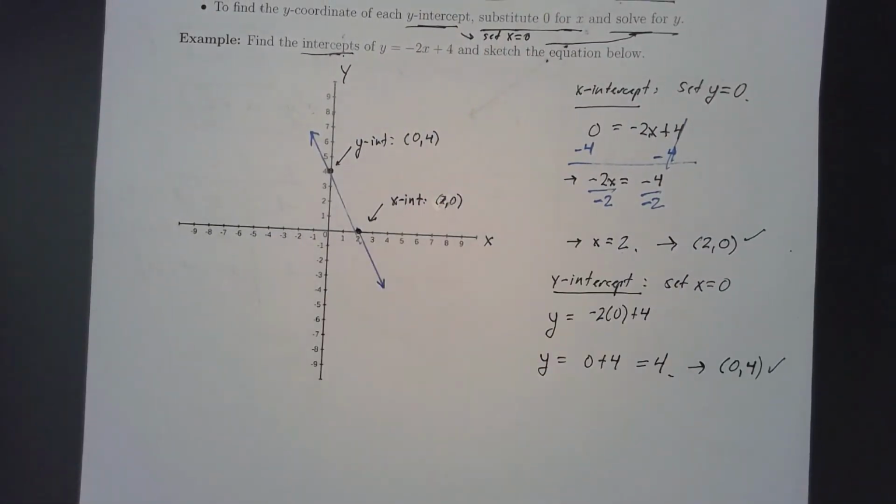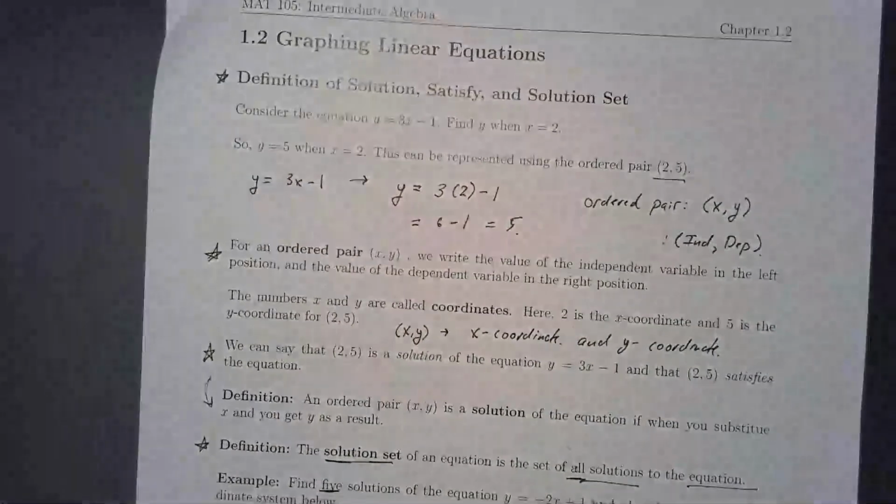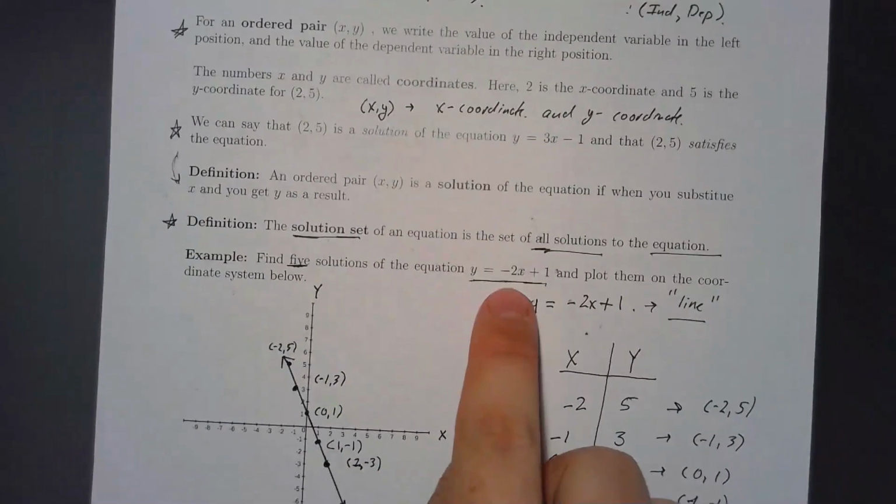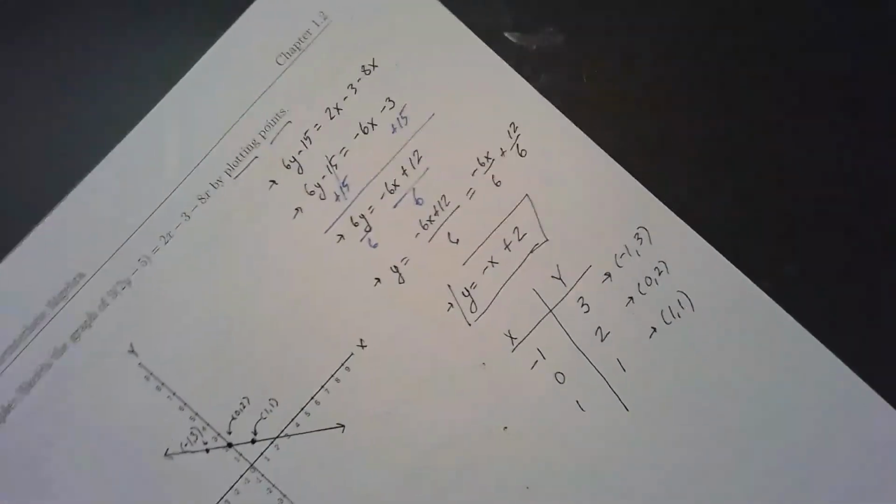But going on in chapter 1, there are other ways to graph linear equations. Later in chapter 1 we're going to look at a method that you're probably familiar with already. It's called the rise over run method, and we'll do that when we look at the slope of a linear equation.